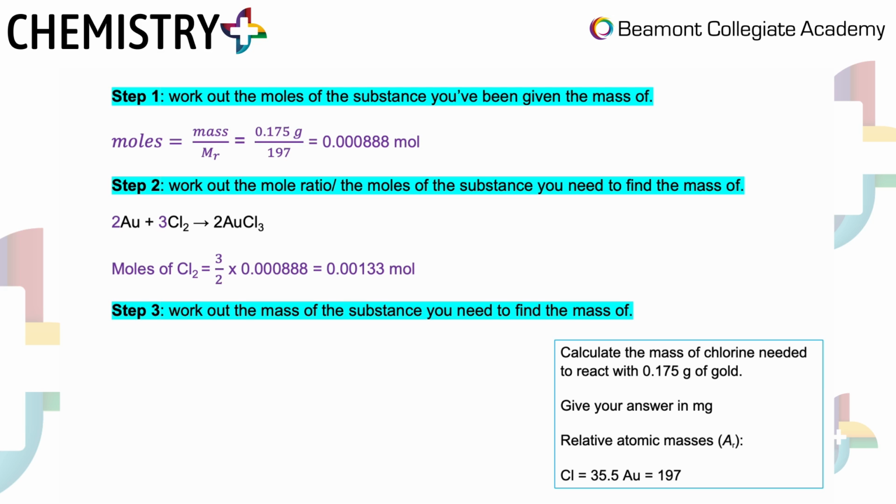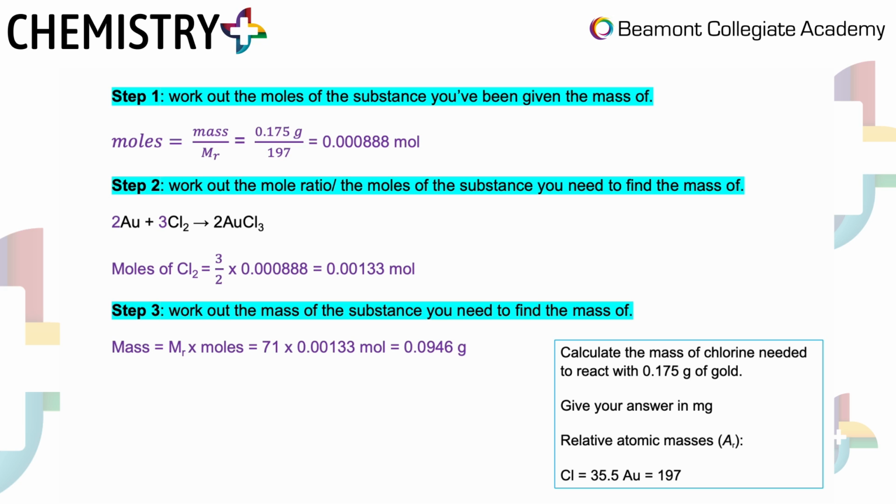Step 3, work out the mass of the substance you need to find the mass of. Mass equals Mr times moles. The Mr of chlorine is 71. Remember, Cl2 is 2 lots of 35.5, and then the moles of chlorine was calculated in the step before.